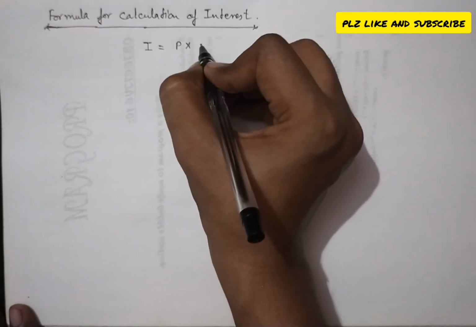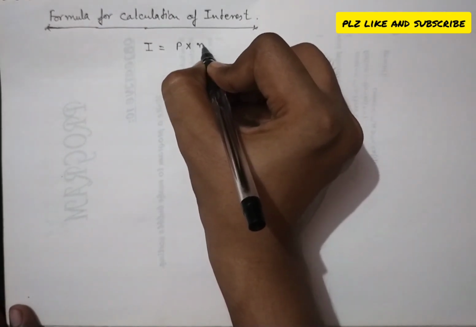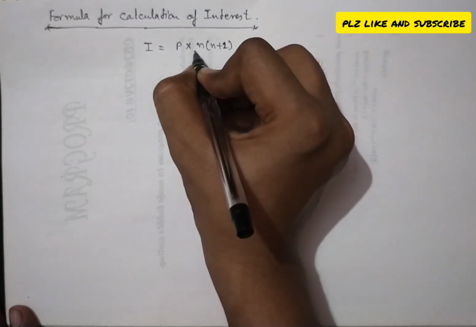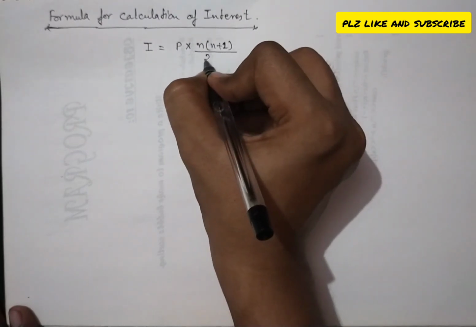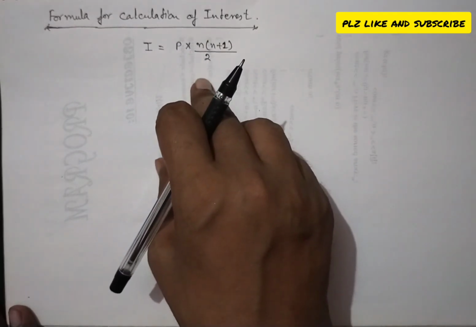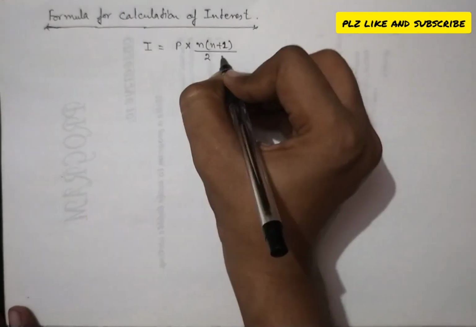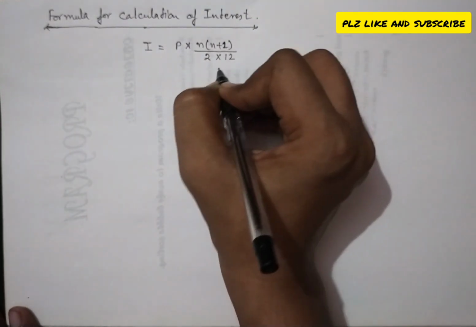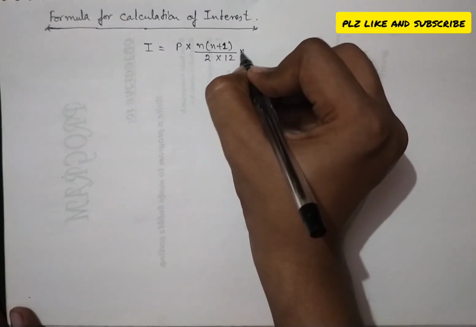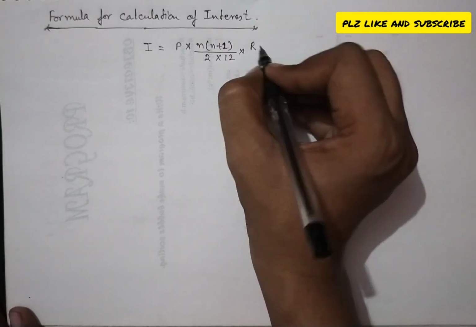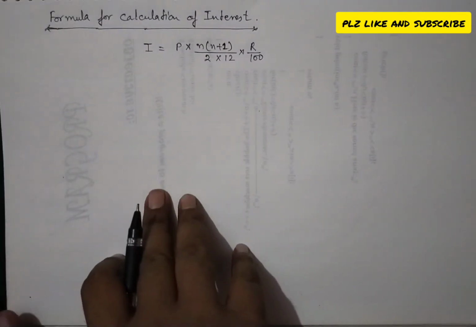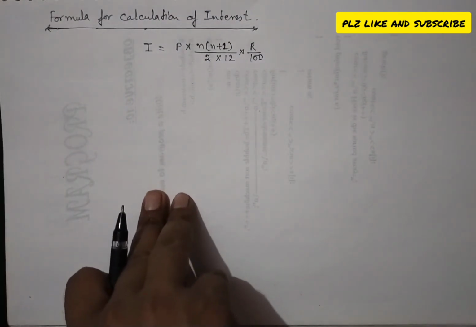So we are just doing an AP, and we'll get an AP, that is n into n plus 1 upon 2. This is for the month, and the rate which we get is for the year. So we are going to multiply this by 12 to convert the rate per annum into per month. Then the rate percent, and to remove the percent sign we put 100 over here. So this is the formula for calculation of interest in a recurring deposit account.